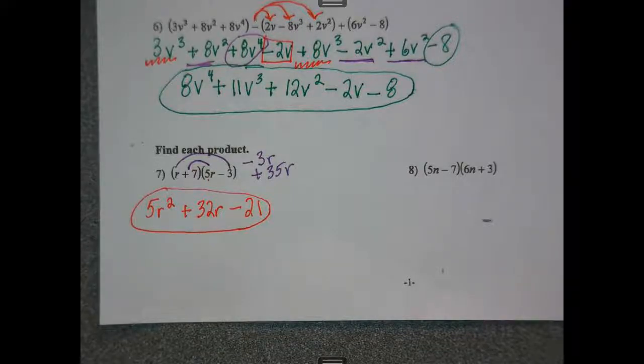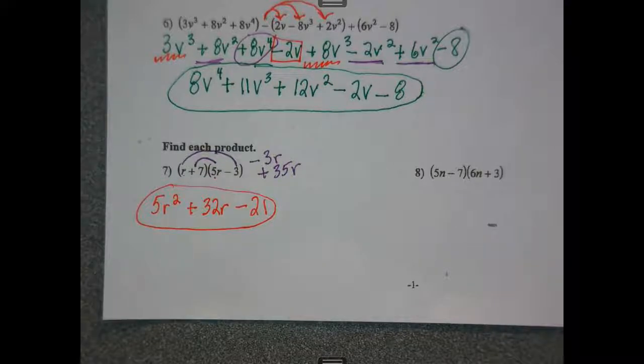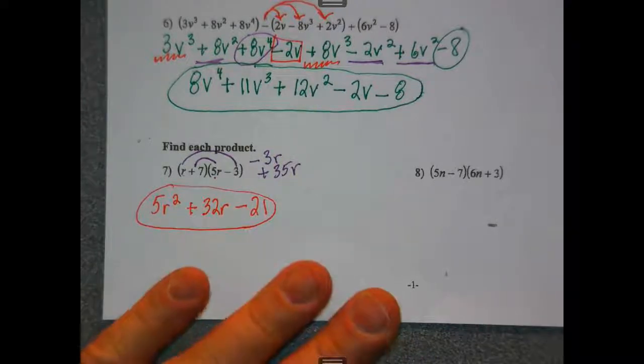You know, you could do the box method even on a binomial times a binomial. Want me to do the box method? This is the horizontal method. FOIL is distributing, but you can do the vertical method too. Let's do the box method.